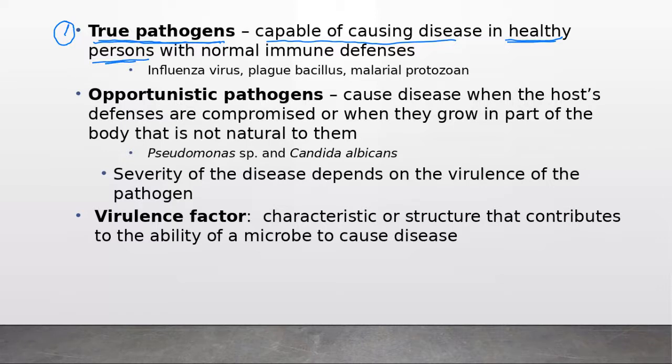The second type of pathogen is called the opportunistic pathogen. Mostly they are normal flora. Okay? So this normal flora usually will not cause disease to a healthy person, but it might cause disease to people with a lower or compromised immune system.